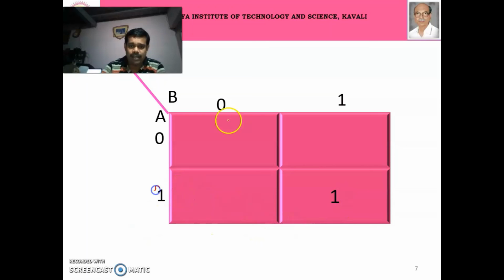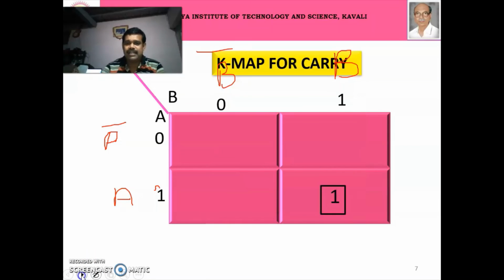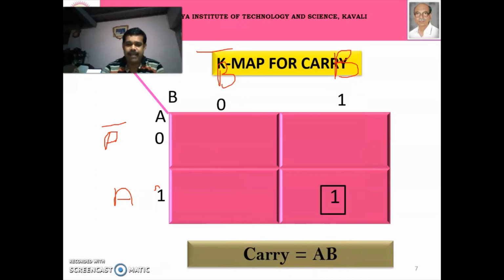This is 1 and this is 1 1. So if you want, you can write here A bar A, B bar B. So here also you are having only 1, so you have to group it individually. The value of the cell is A B. So this is the expression A B.